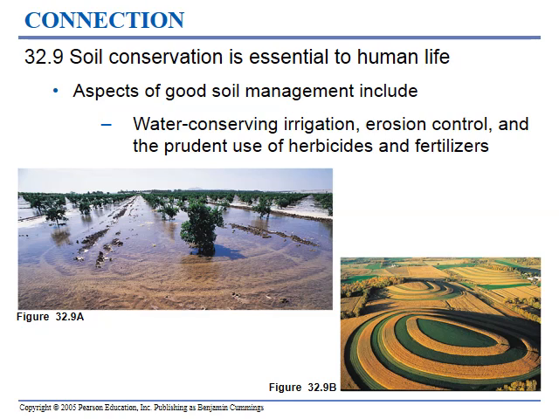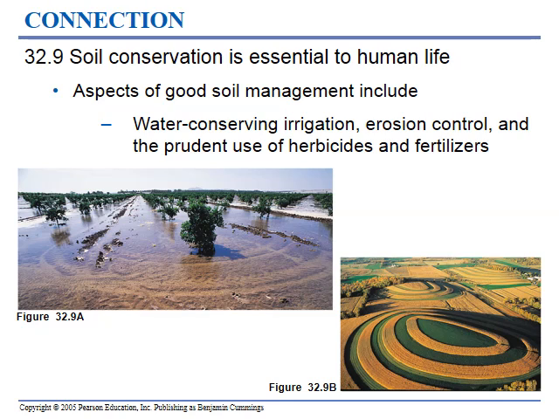Okay, soil conservation is essential to human life. Talking about that good topsoil, that erodes very easily, and the rocks underneath are not necessarily good for plant growth. Things that help with soil management are water conserving irrigation, because flooding and letting the soil drain off obviously is not a good idea when you look at erosion control.